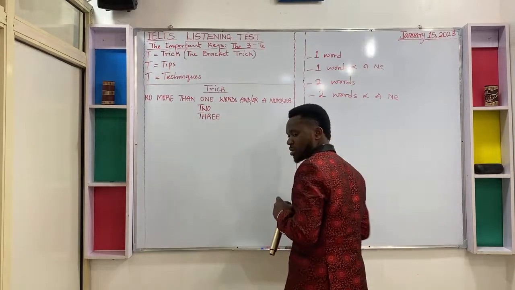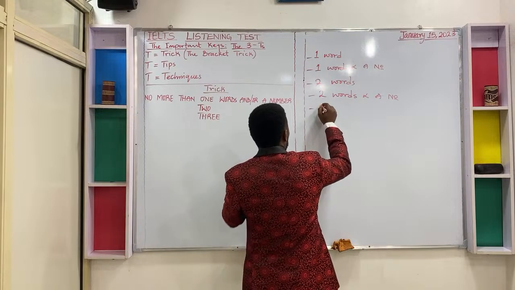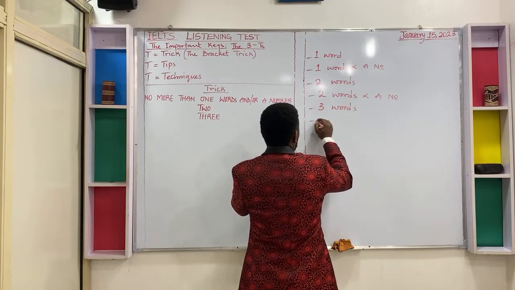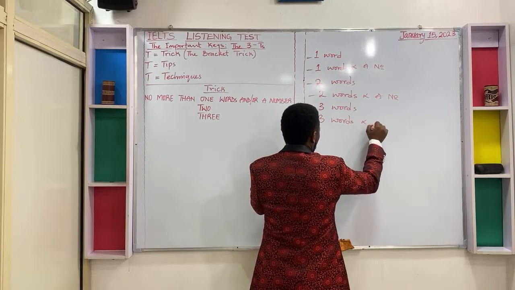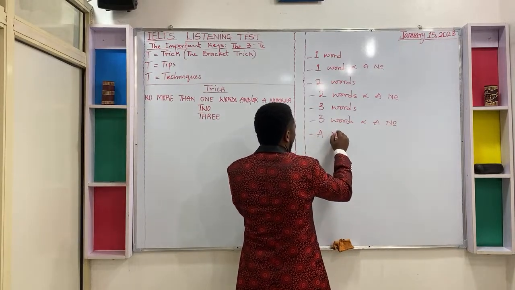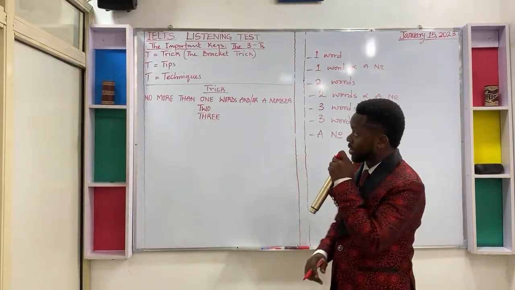Okay, it could be 1 word, it could be 2, it could be 3. It could also be a number. It can also be 3 words and a number. Then it can be a number without a word. Is that correct?